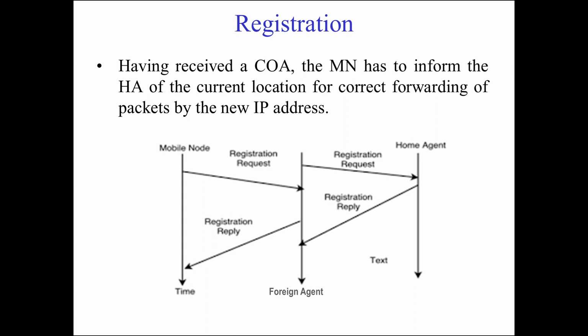So after getting the care of address from the foreign agent, the mobile node has to inform it to the home network, especially to the home agent. This process is called the registration process.